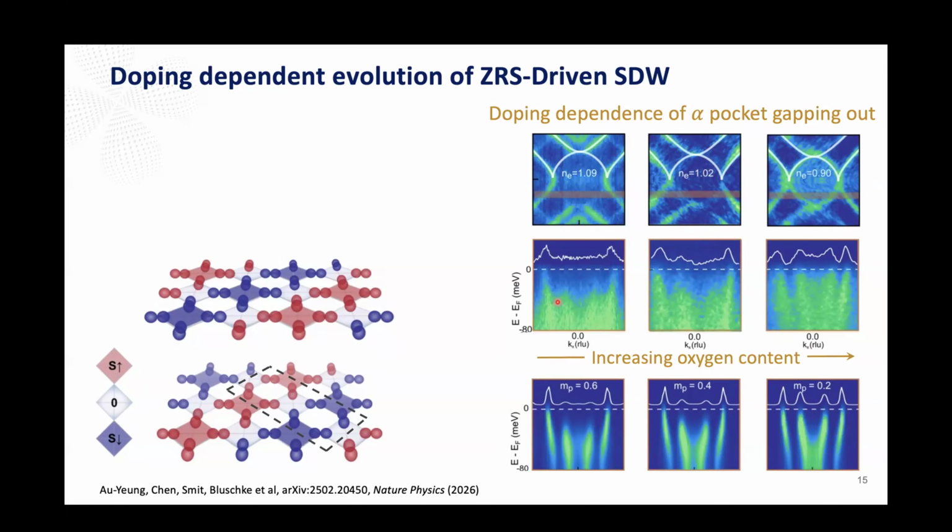What is interesting is that as you increase your oxygen content and superconductivity emerges, those states are coming back to the Fermi energy, so they're no longer gapped. So to me, it sounds like not only is oxygen scaling the spin density wave and allowing superconductivity to emerge, but those x squared minus y squared orbitals would have to play a role in both. That would be my extrapolation just from the phenomenology.